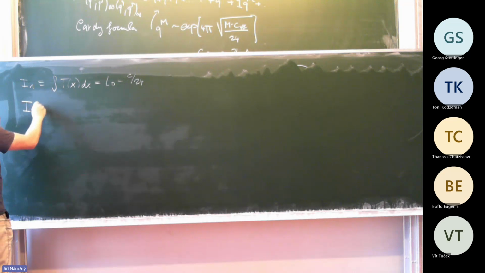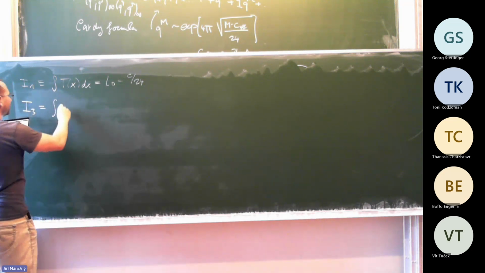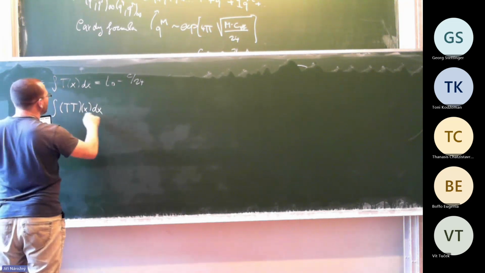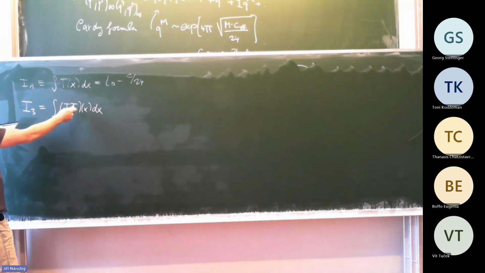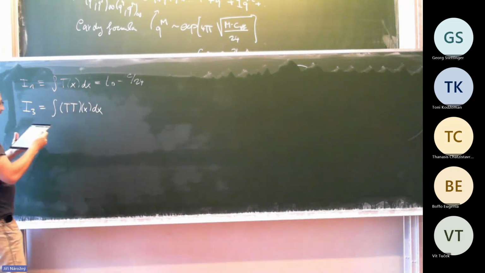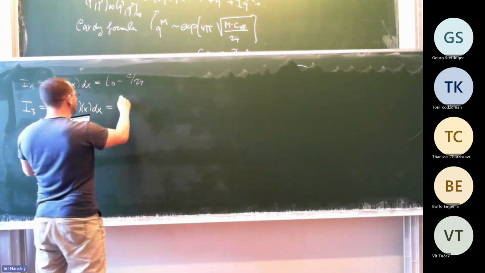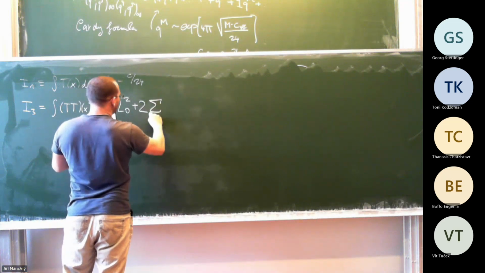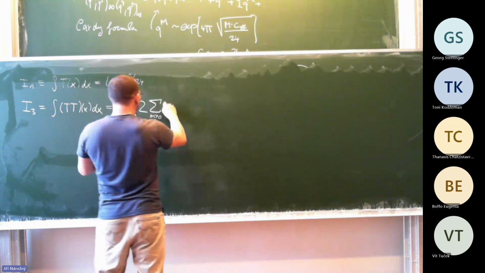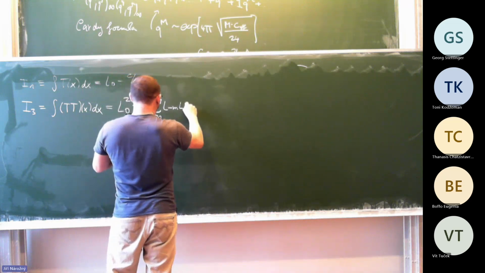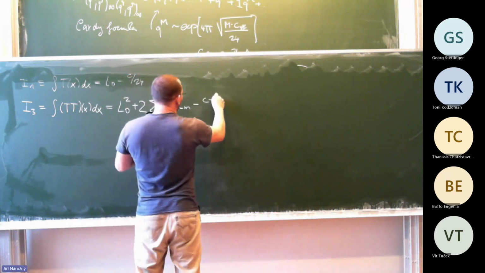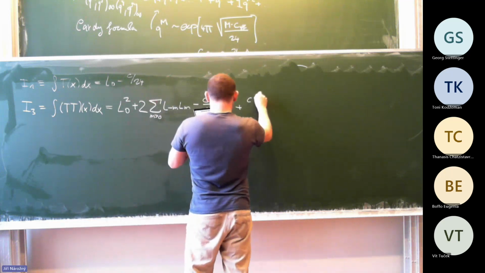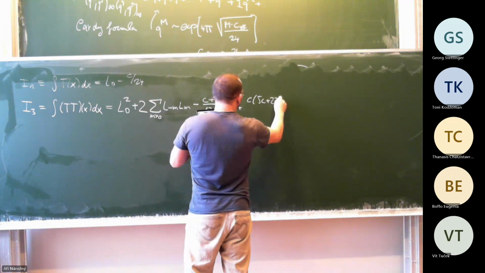And then I can also calculate the zero Fourier mode of something else, which is like T square. I will tell you roughly what it is. And that one turns out to be L0 square plus 2 sum of L minus n Ln plus some other fields. Let me write it just in this example, and then I will not write it anymore.